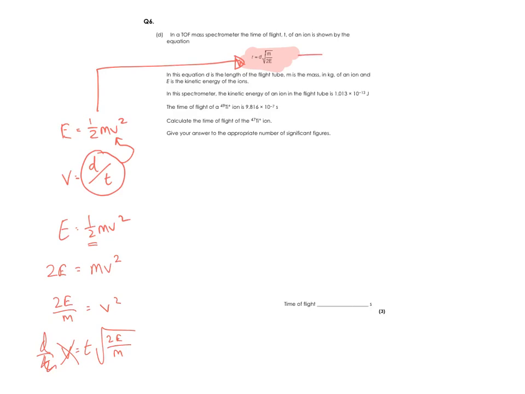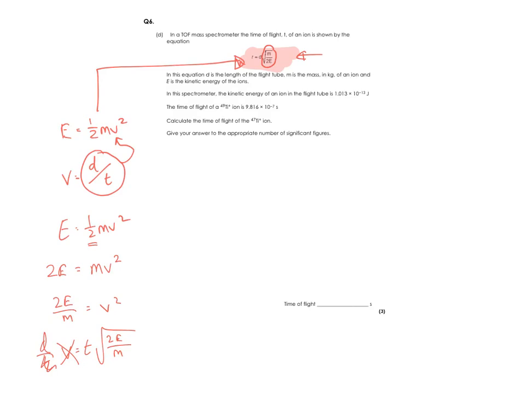Now clearly up here they've done it so that you've got t by itself. You'll notice that the expression inside the square root is the other way round for t, and that's because of the rearranging. Now actually what you want to do first is rearrange this equation so that you've got d as its subject, because what you want to be able to do is make the titanium 49 ion's equation and the titanium 47 ion's equation equal to each other.